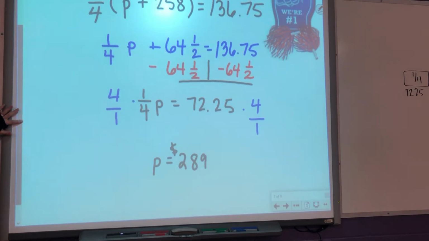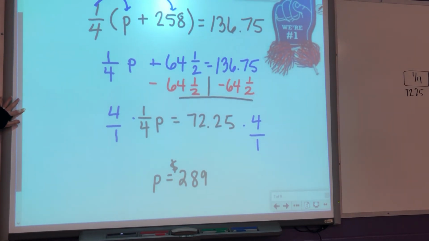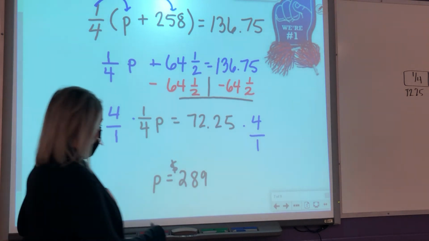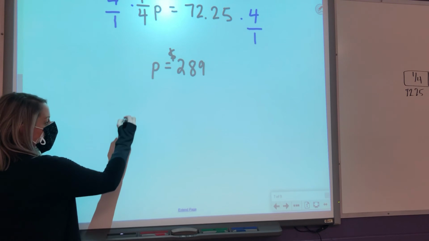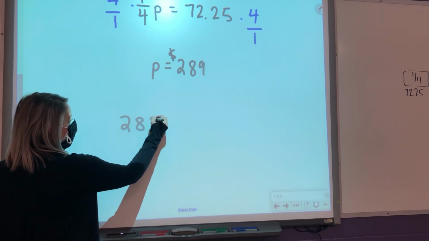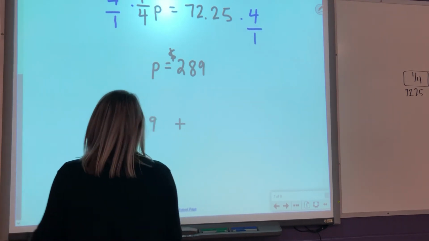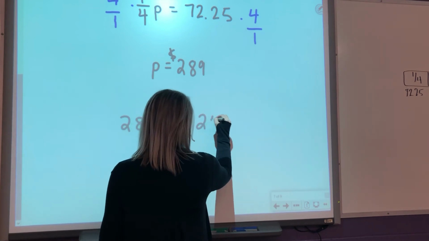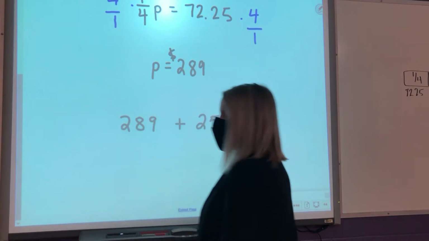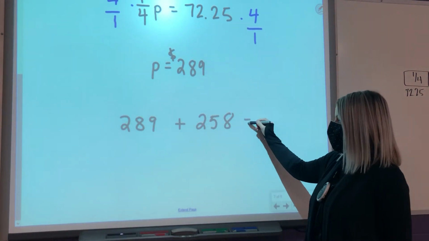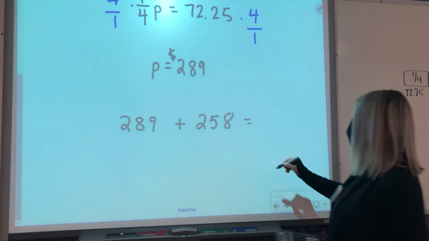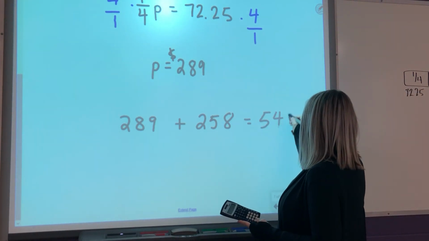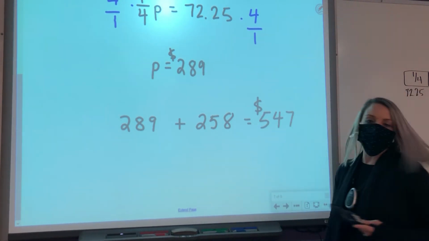But let's look. If I take my pom-pom sales, which is $289, plus my foam finger sales, which was $258, that means the total sales of the pep rally was $547.